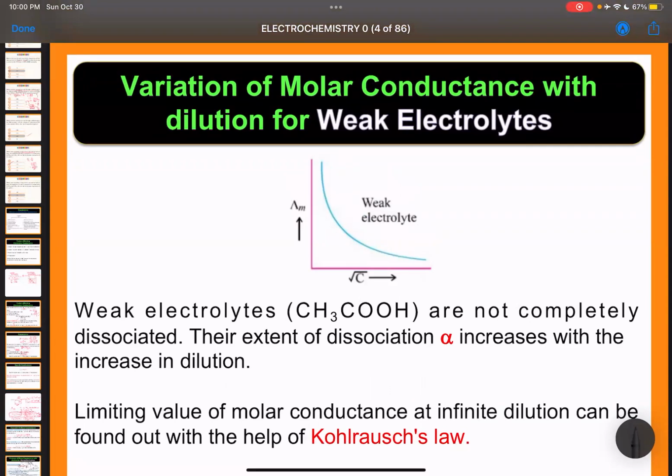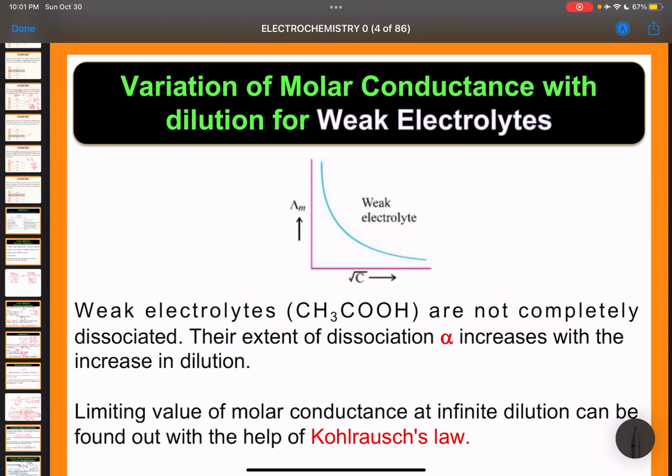For weak electrolytes, can you give me an example of a weak electrolyte? Weak electrolytes are those which do not break completely. Is it clear?